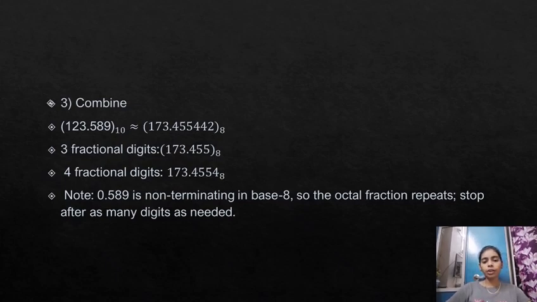Next, the conclusion for the number system conversion. Number system conversion is an important concept in electronics and communication engineering as well as computer science. It helps us represent and process data in different forms, such as binary for computers, octal and hexadecimal for compact representation, and decimal for human understanding.